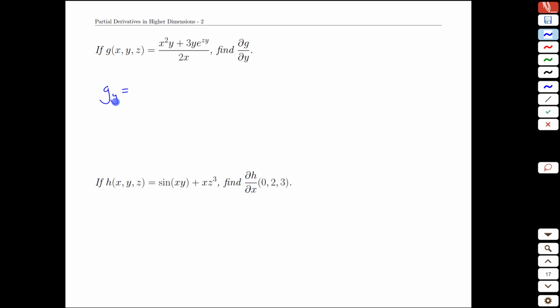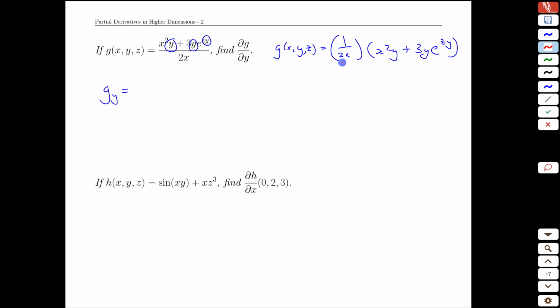If we're taking the y partial derivative of this g function here, we scan for y's, and we notice that this function here has 2x in the bottom. It might feel like a quotient rule is appropriate, but I would rewrite this to start with as simply 1 over 2x times x squared y plus 3, oh, there's another y in here, plus 3y e to the zy.